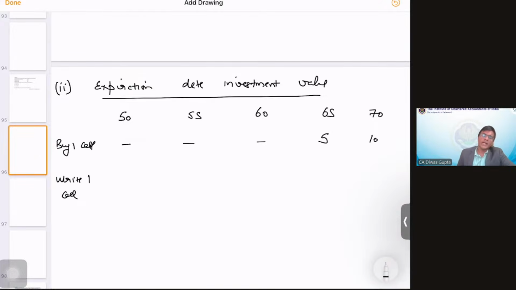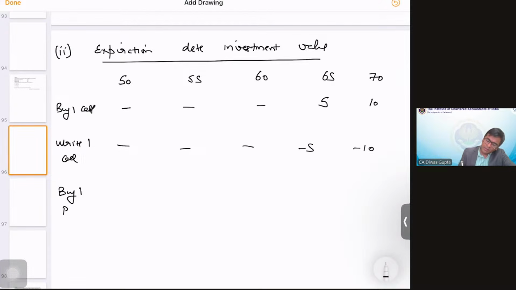Write one call option. Nil, nil, and here it will be minus 5 and here it will be minus 10, students. There is a loss to the writer of the call option.